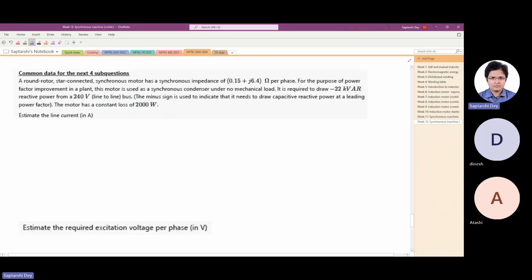I forget this thing in this bracket. I don't know why they mentioned this. Simple, a synchronous condenser supplies reactive power to the bus. It's an overexcited synchronous motor that draws leading power factor current from the bus. Simple. The motor has a constant loss of 2000 watt.